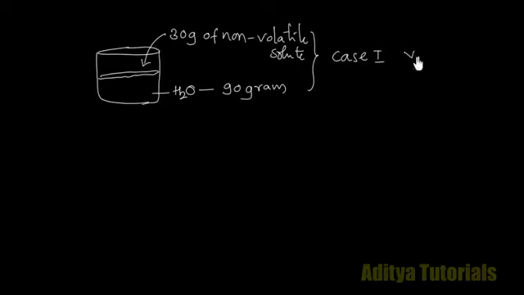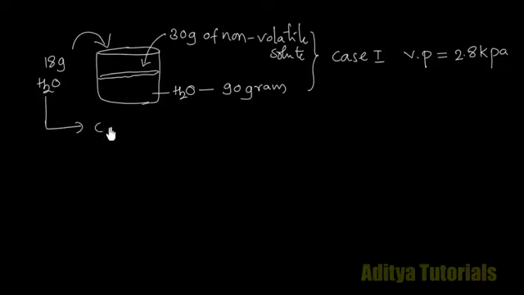In this, the vapor pressure given here is around 2.8 kilopascal at 298 Kelvin. Same container you have to take, and in that you have to add around 18 gram of water, H2O, and this should be the second case, case 2.